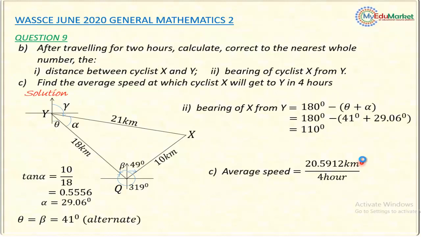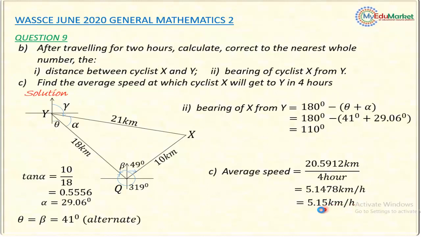It is more precise so that it does not affect my answer. So divided by 4 hours, this will give the answer 5.1478 kilometers per hour. We need to approximate it to 2 places of decimal, so it is going to be 5.15 kilometers per hour.